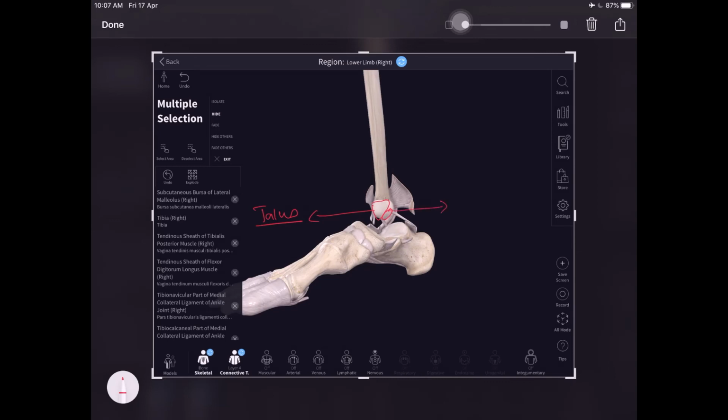There is one ligament here between the tibia and fibula, which we call the tibio-fibular ligament. And there's another ligament here, this one. It is your posterior talo-fibular ligament. So these are the ligaments we see.